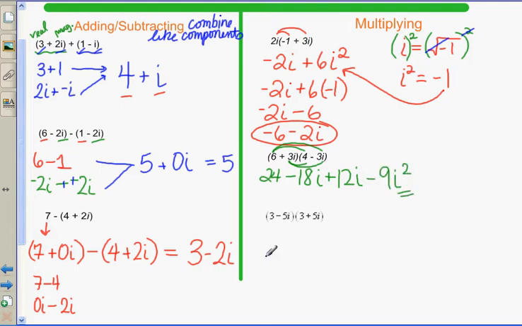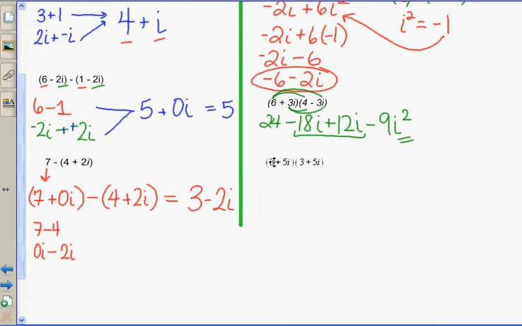So we know we're going to have to fix that i squared. And we've got like components right there in the middle. Okay, so let's work with this. All right, so we've got 24 will stay. Negative 18i and a positive 12i combines to be a negative 6i. And then we know from above that i squared is the same as negative 1.